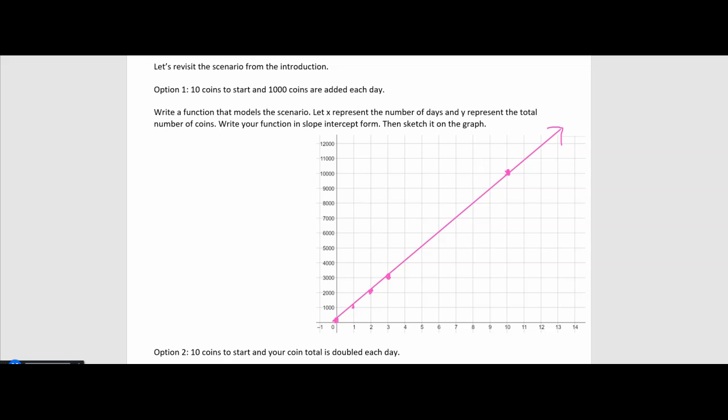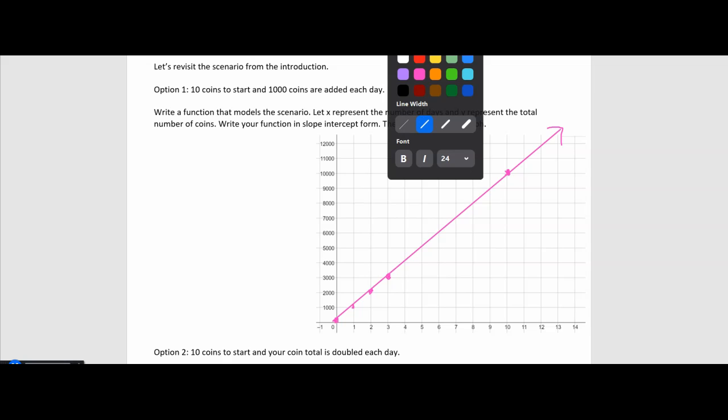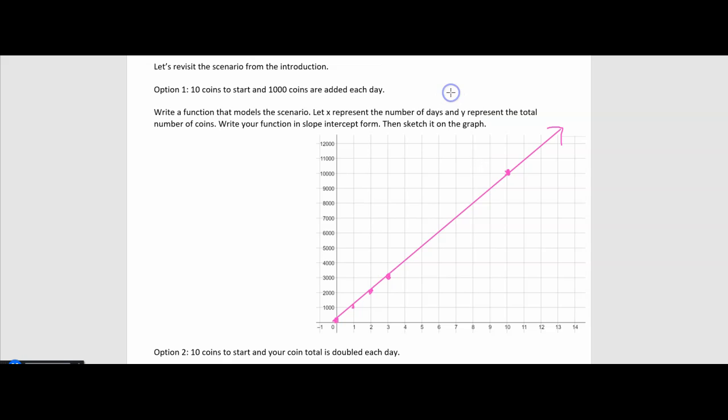Now my exponential function looks a little different, right? We said we start with 10 again. I'll do this one in, let's do green. So I still start with 10, so they start at the same spot. But after one day, I only have 20. After the next day, I have 40, then 80, then 160, then 320, then 640, then 1280, then we have 2560.